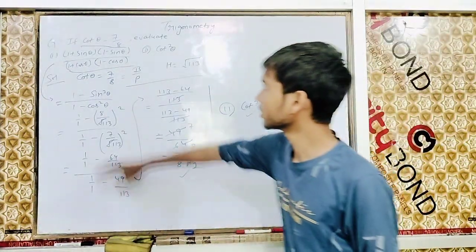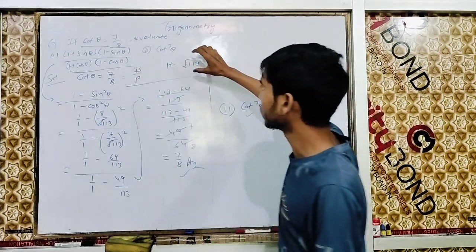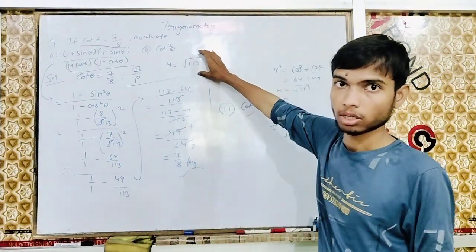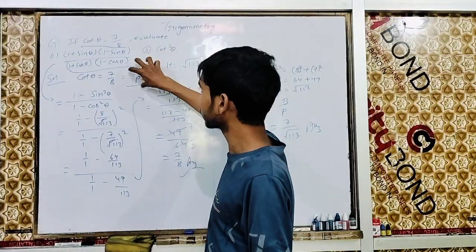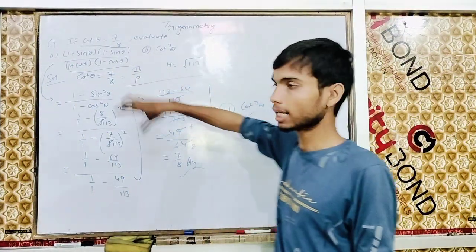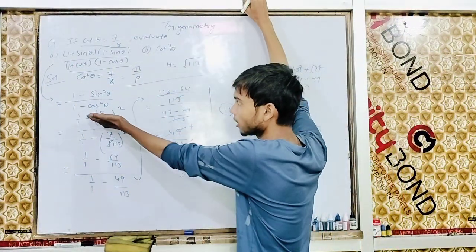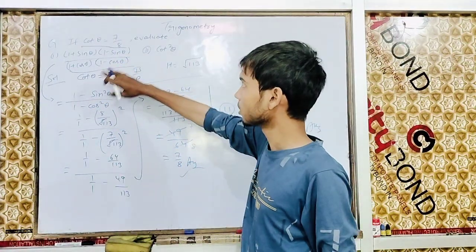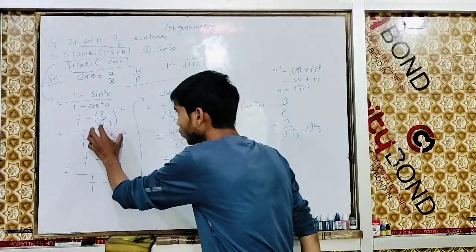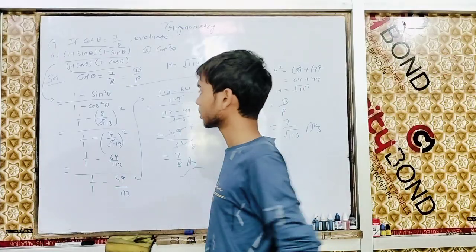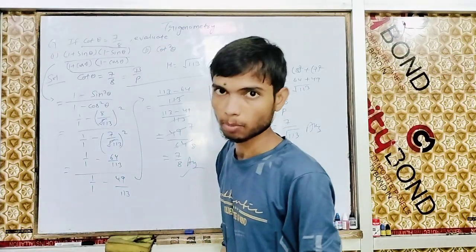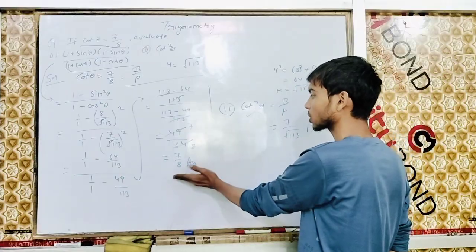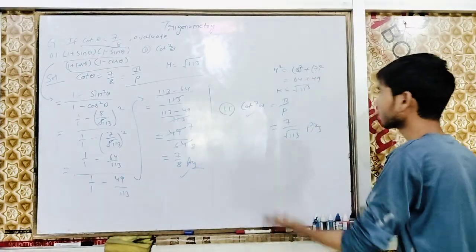Here you can see we just found the measure of the sides, then from this measure of sides we were able to calculate this. Then we used algebraic identities and simplified it. After simplifying, we got this answer.